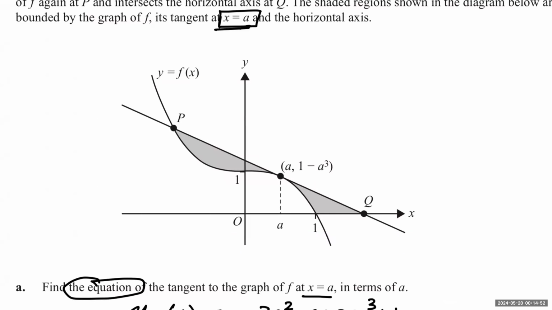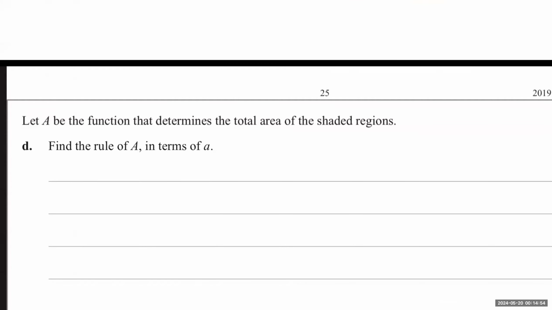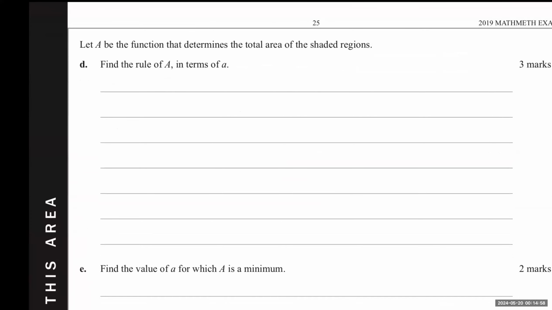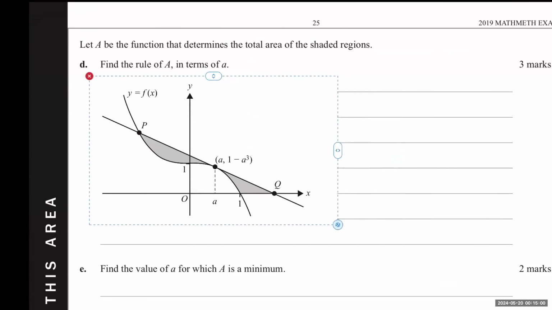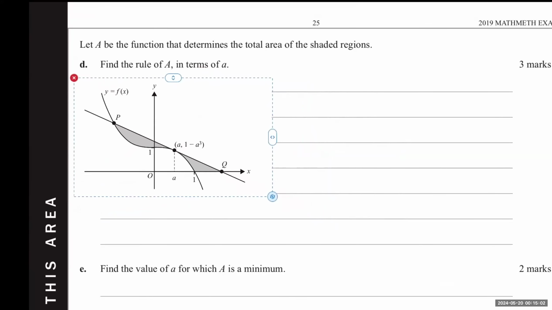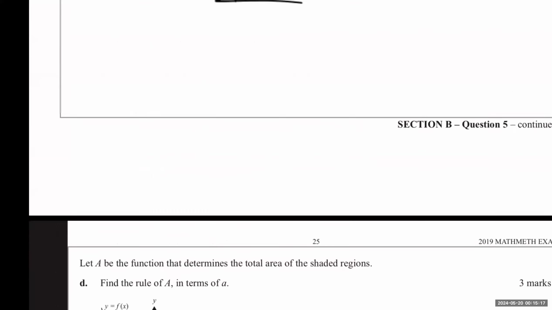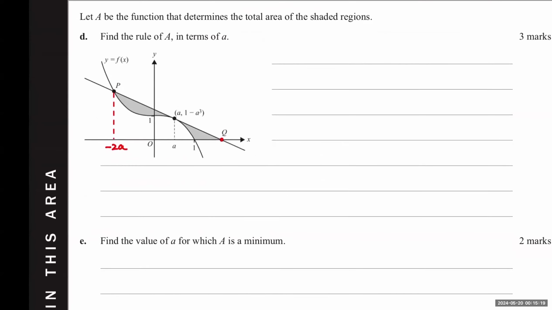Okay, you need to combine what you found in the previous parts. Say the coordinate of this p here was minus 2a. And the coordinate of Q here is 2a cubed plus 1 divided by 3a squared.